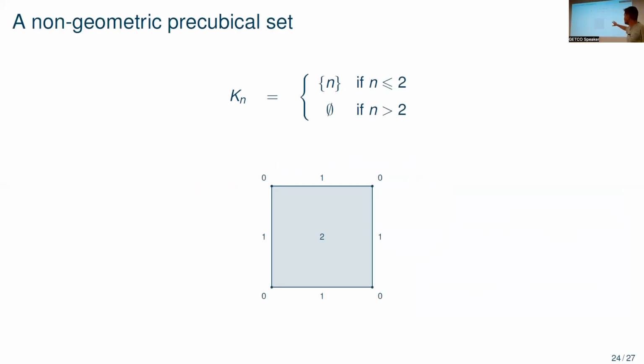So here is a representation of that precubical set. You have just one element of dimension 2. Here, the element of dimension 1 is actually duplicated 4 times. And the vertex is duplicated also 4 times. But the edges are not identified in a clumsy way, in some sense.